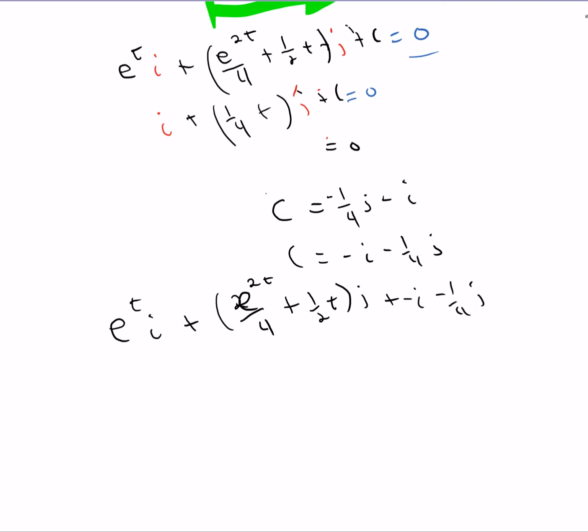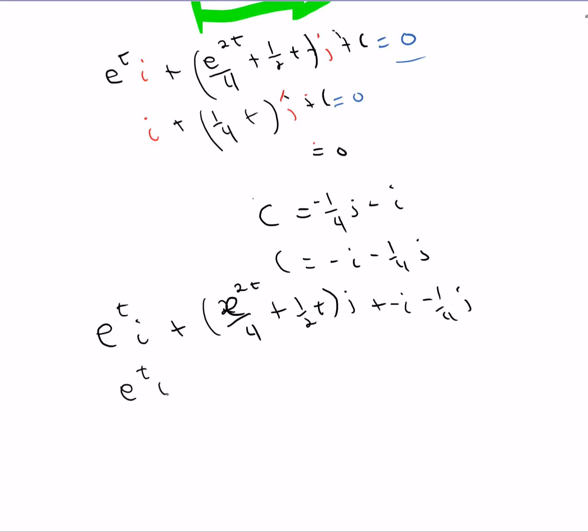And then we'd put all the i pieces together, so it'd be e to the t i minus i plus e to the 2t over 4 plus 1/2 t j minus 1/4 j.